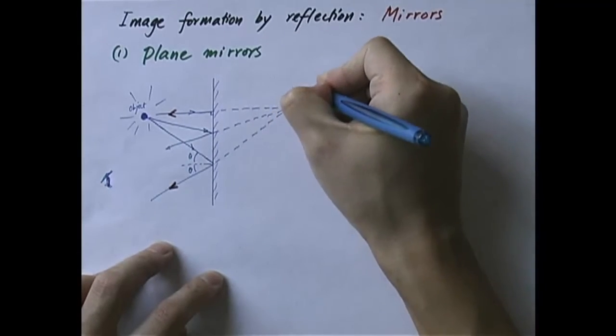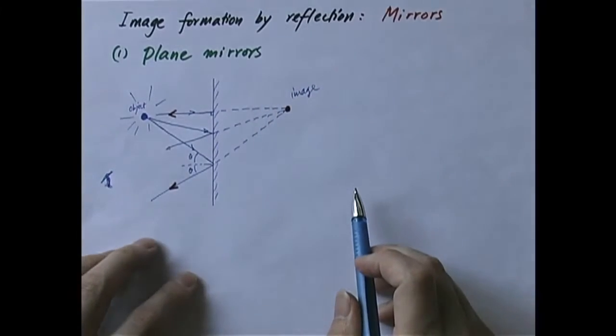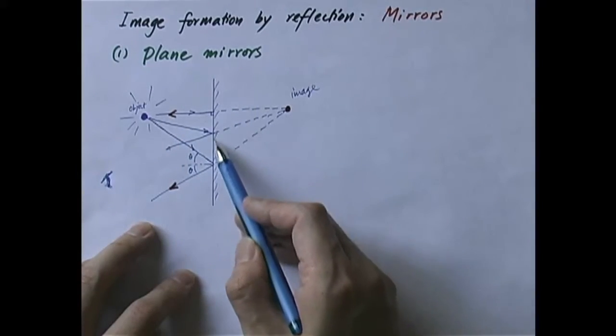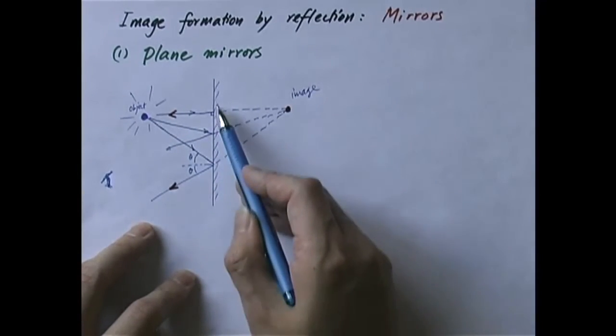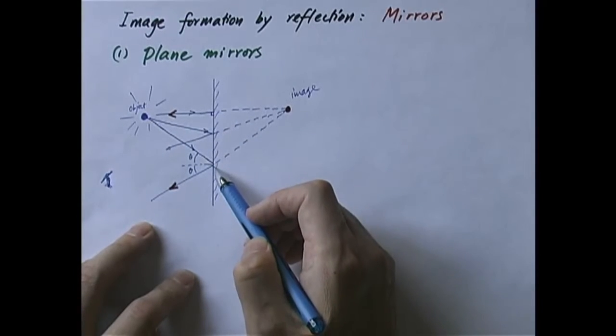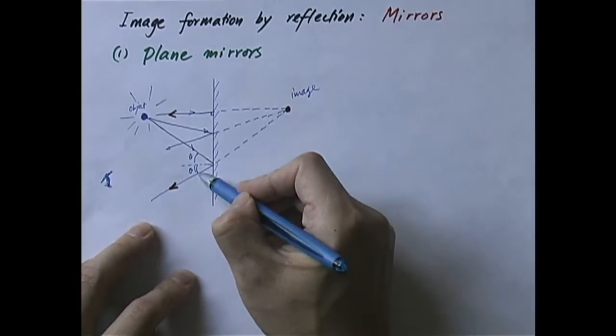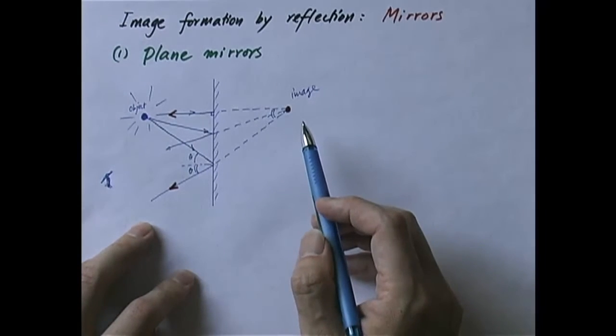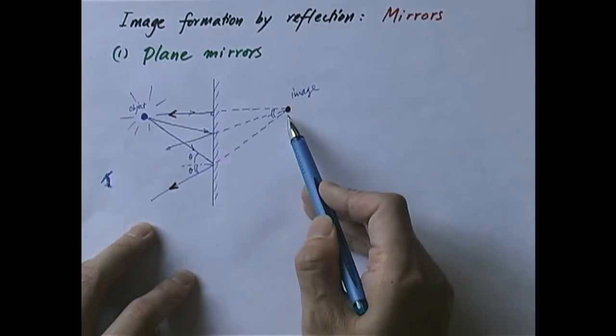That's the image. And where exactly is that image? Take a look at this right angle triangle and that one. They share one common side, and also this angle equals that angle. That is because this is a straight line.